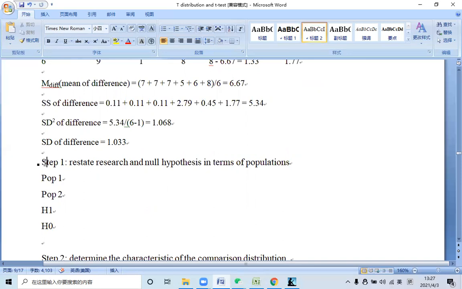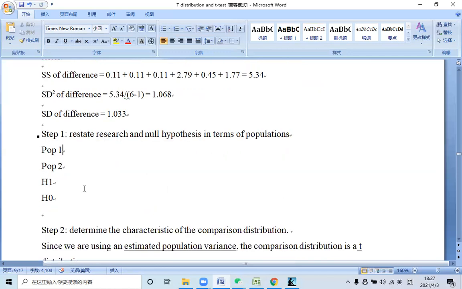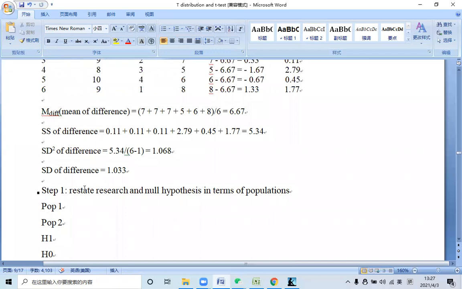Well, we need to state the research hypothesis and null hypothesis. So here, we need to state the 2 populations we are comparing.